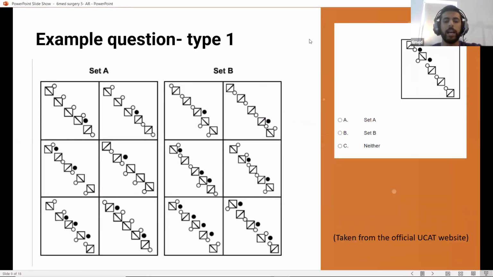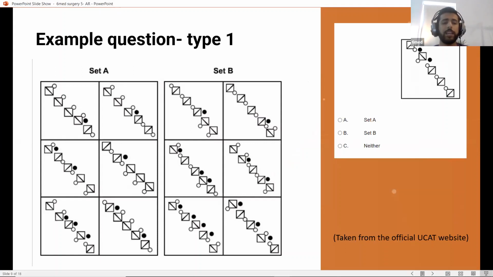So for A, you can see starting off that the arrangement of the shapes is clearly not going to be what's being tested here. In other words, the shapes are all arranged diagonally, so it's not going to be that. So it's going to be something to do with what's actually in the shapes, the smaller ones.